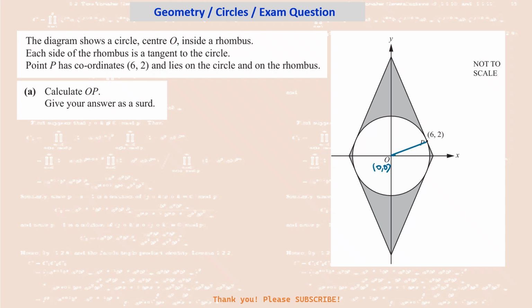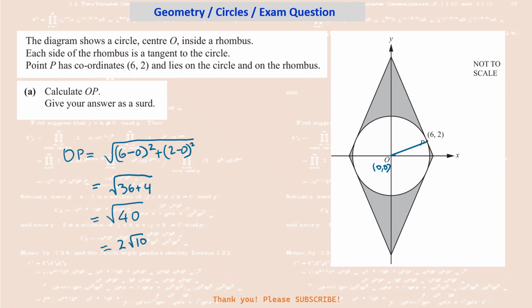If you draw OP, that distance is going to be the square root of (6 - 0)² + (2 - 0)², and then you would get root 40 as the answer, or you can simplify it to 2 root 10. So the radius of the circle is root 40 or 2 root 10.